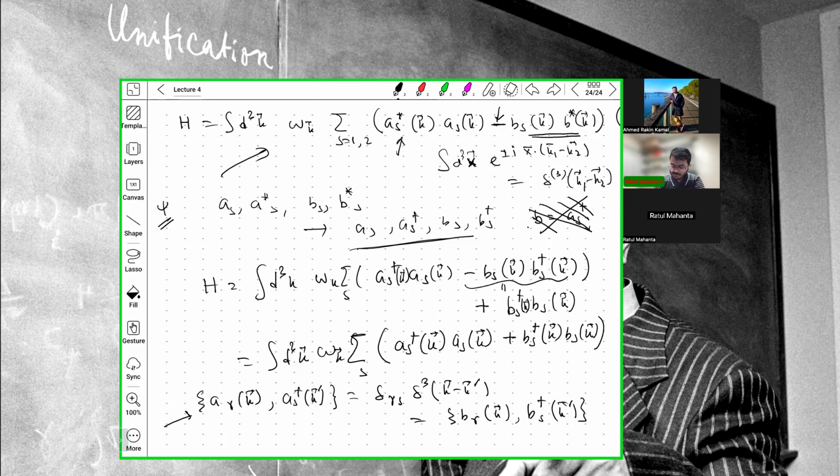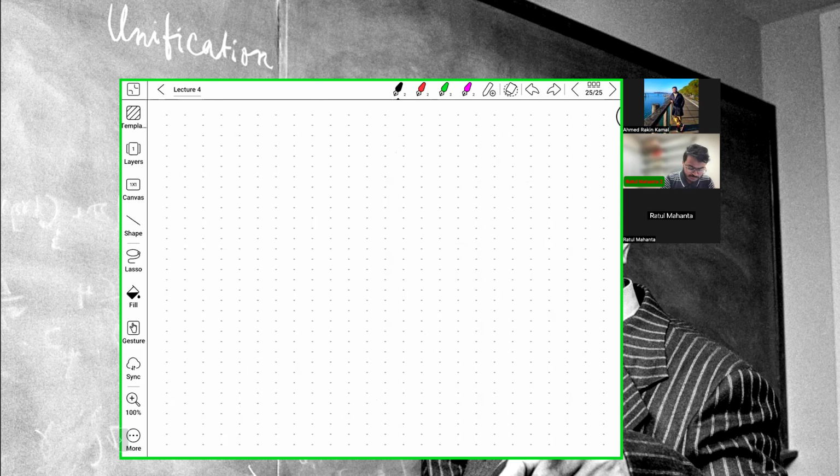And using this, you can plug it here, and you will still get the divergences from the delta functions, which we will be removing by hand, or we'll always use the normal ordered prescription.